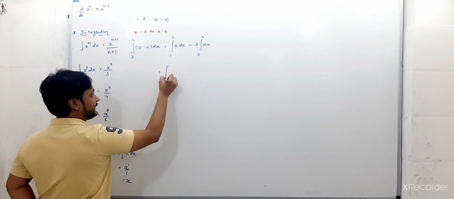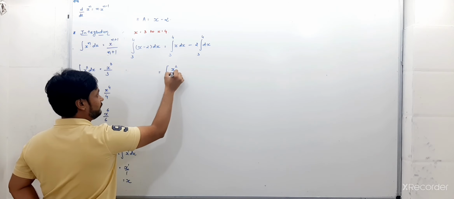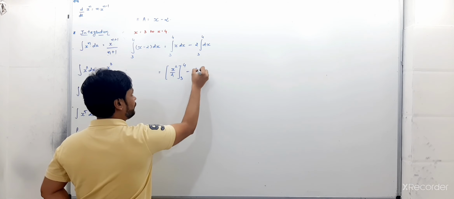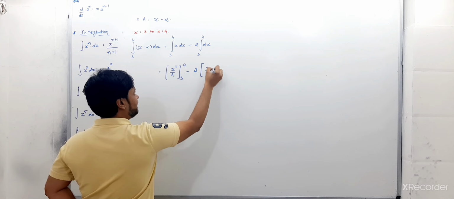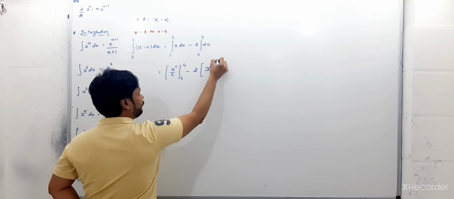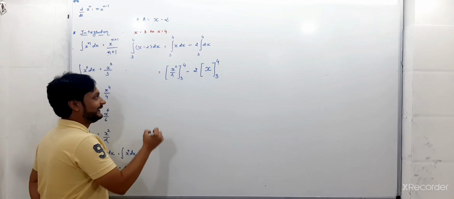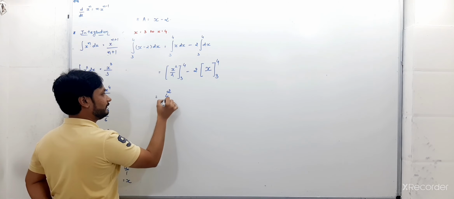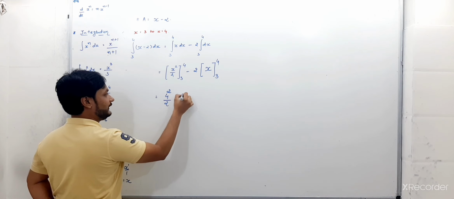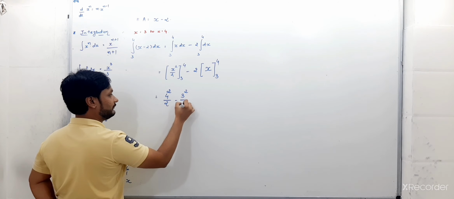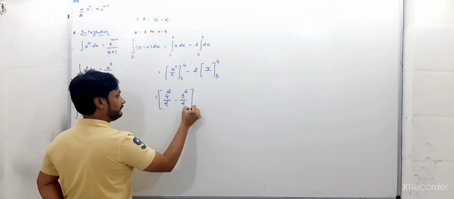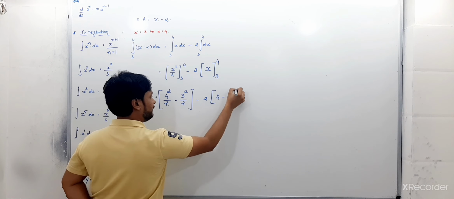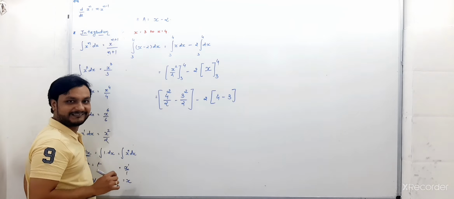So x integration is x square by 2, 3 to 4, minus 2, dx integration is x, 3 to 4. Okay, now place the limit, upper limit minus lower limit, for 2 also upper limit minus lower limit, right?